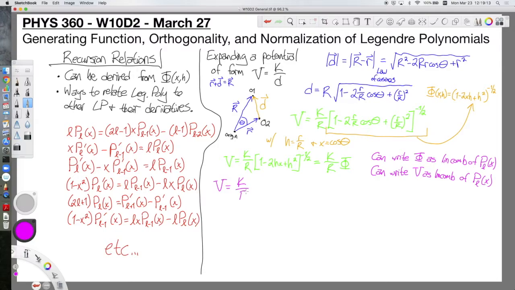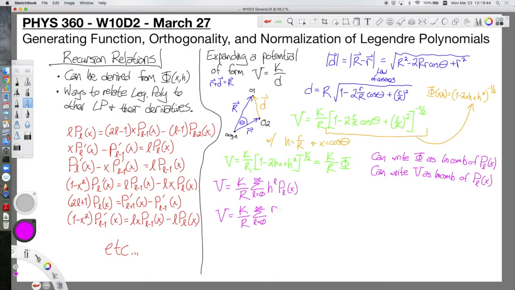So, since we can write v as a linear combination of Legendre polynomials, that takes the following form. We take k over big R, that same constant, and our generating function can just be written as the sum from L equals 0 to infinity of h to the L times P sub L of x. Or plugging back in our values of h and x for this problem, we end up with, not an equal sign there, the following expression.